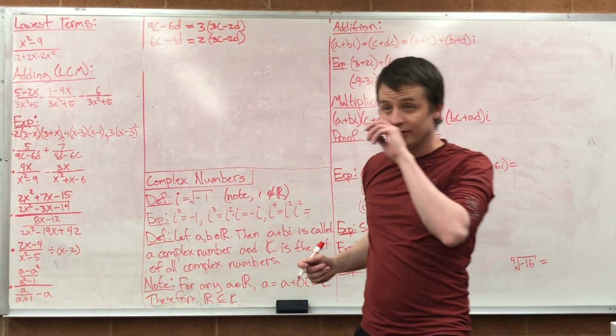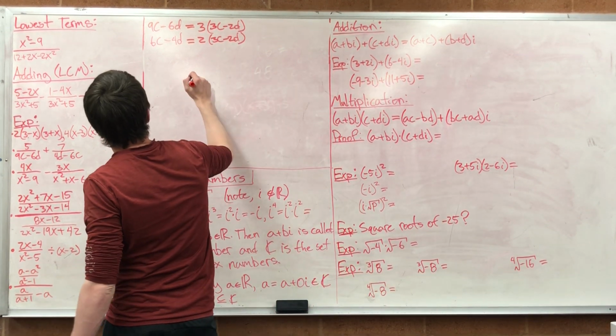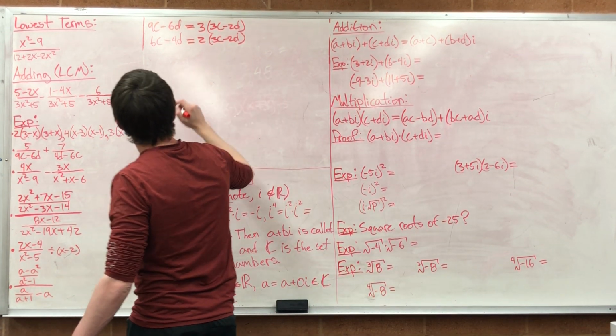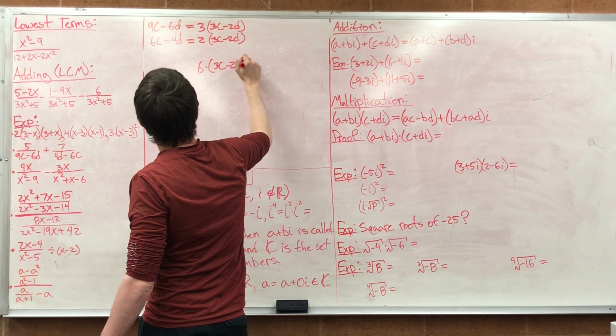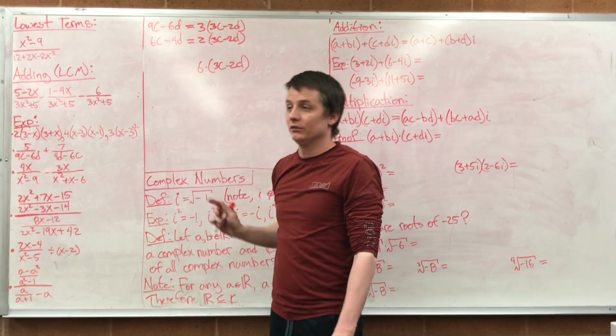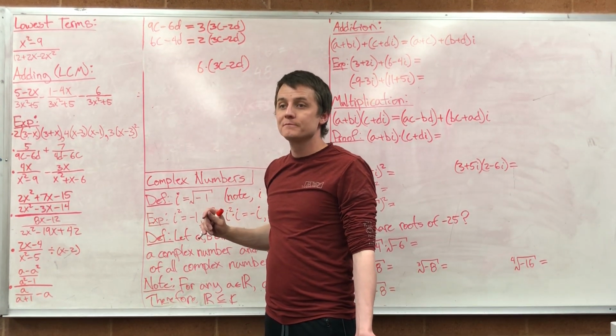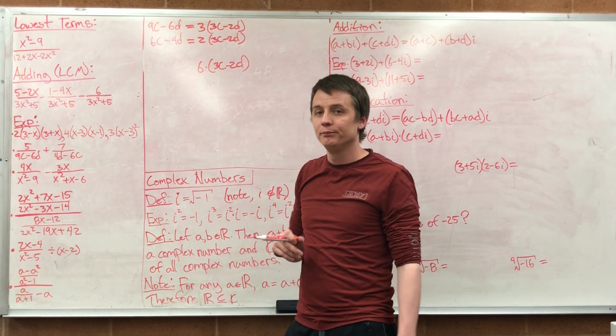Right? Okay. And so our common multiple is going to be what? 3 times 2, times 3c minus 2d. Okay, so there is a common multiple of both those things. The least common multiple. Sure.